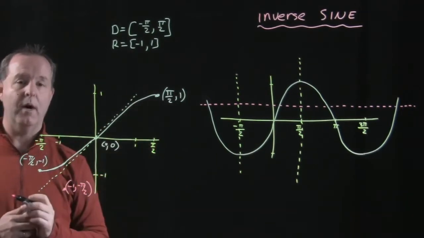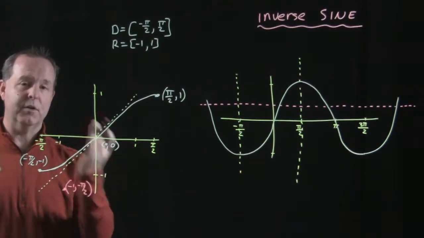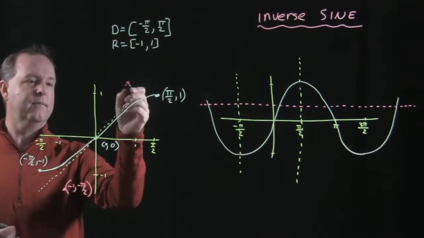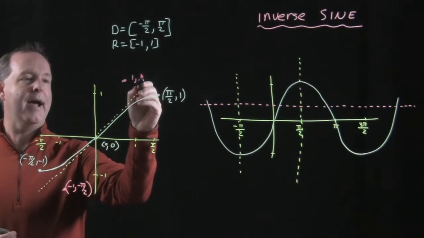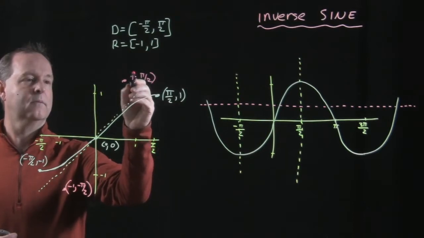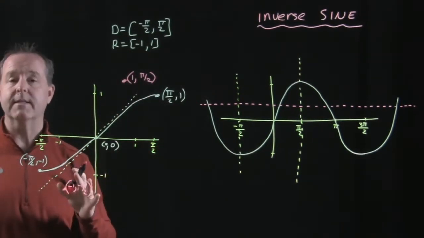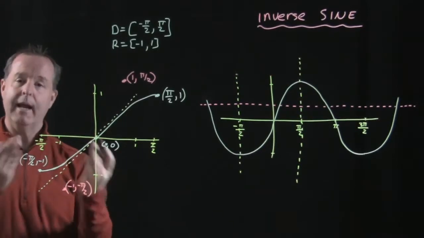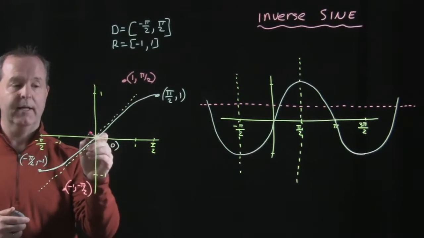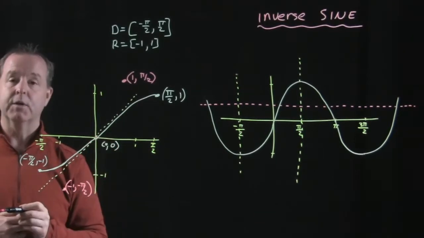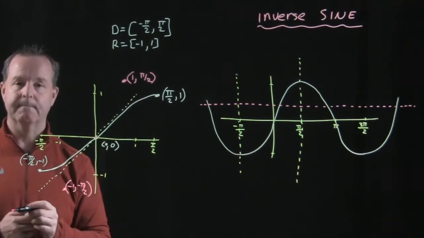Likewise, pi halves and 1, its x and y coordinates, are reversed, and so we would have the point 1 and pi halves. Remember, that's what inverse means: you take the coordinate points and reverse them. And the inverse of 0, 0 is still 0, 0 as well. So we can draw a smooth graph that goes through those particular points.